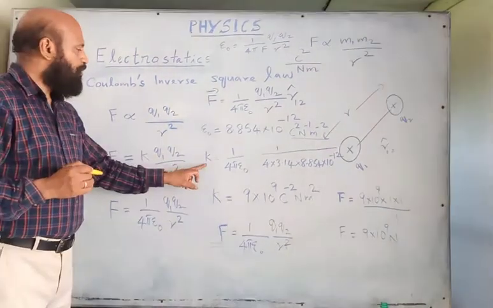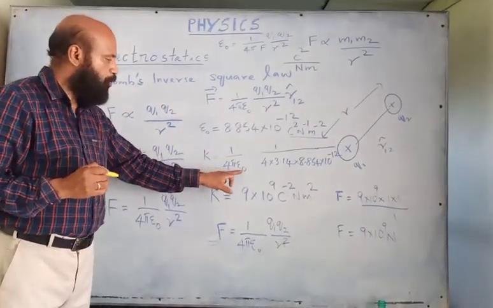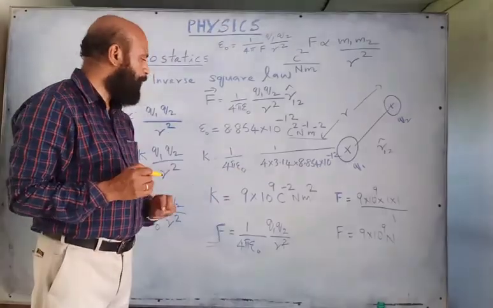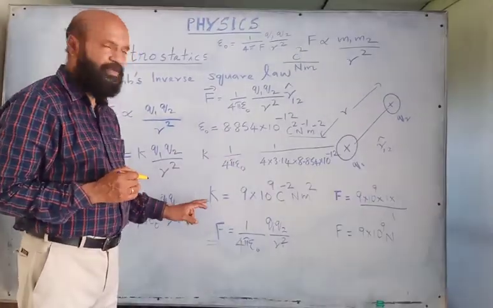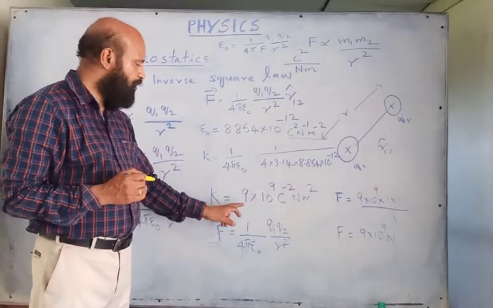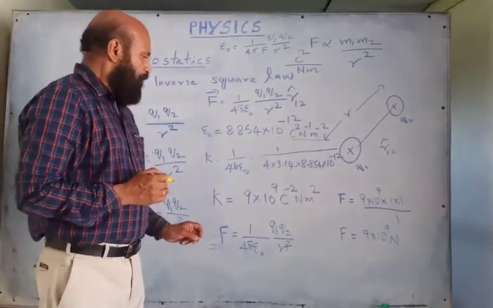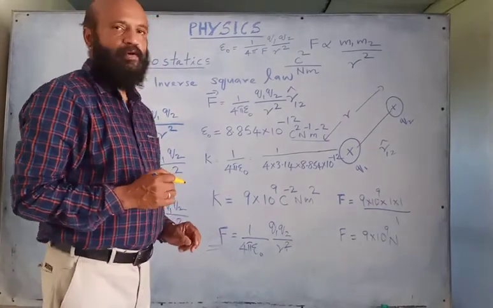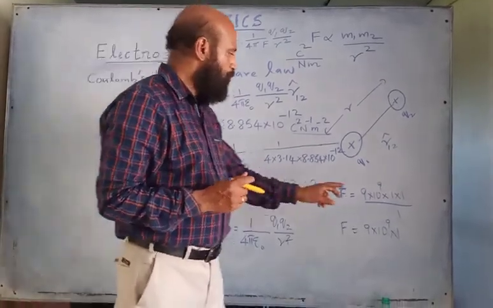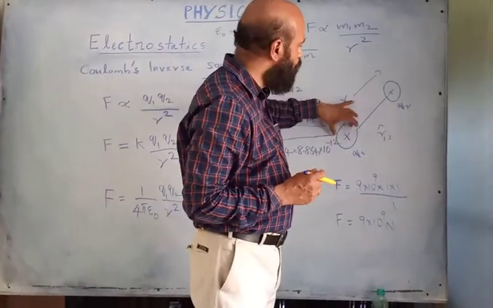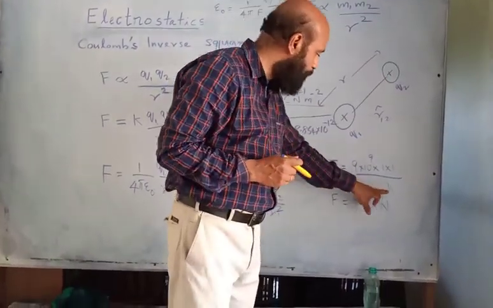So k can be written as 1 by 4 pi epsilon 0. After substituting the value for epsilon 0 and pi and doing the calculation, you will get the value for k as 9 into 10 raised to 9. Suppose two charges each of 1 coulomb are kept at a distance of 1 meter.